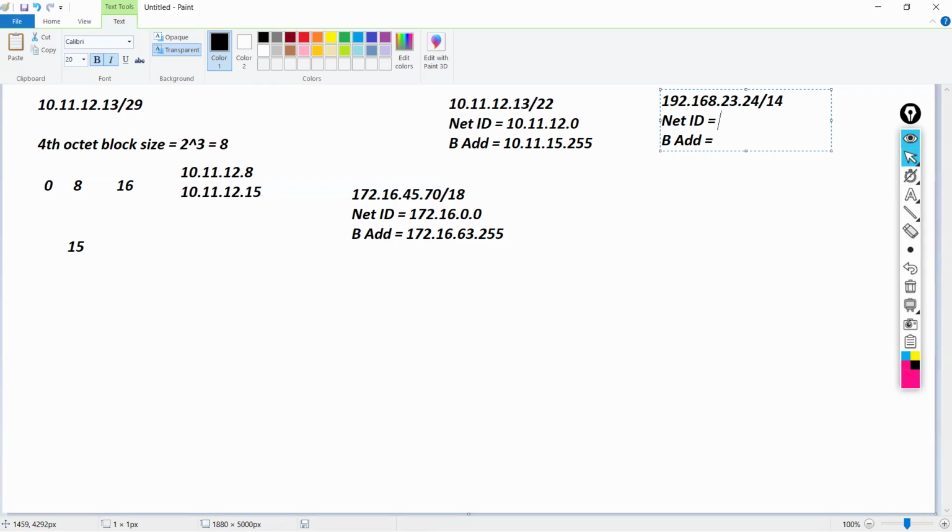Please look at the second octet value. Done.